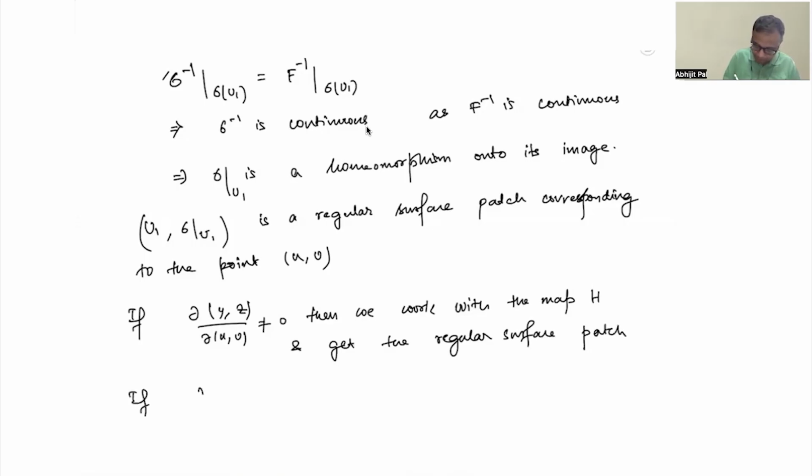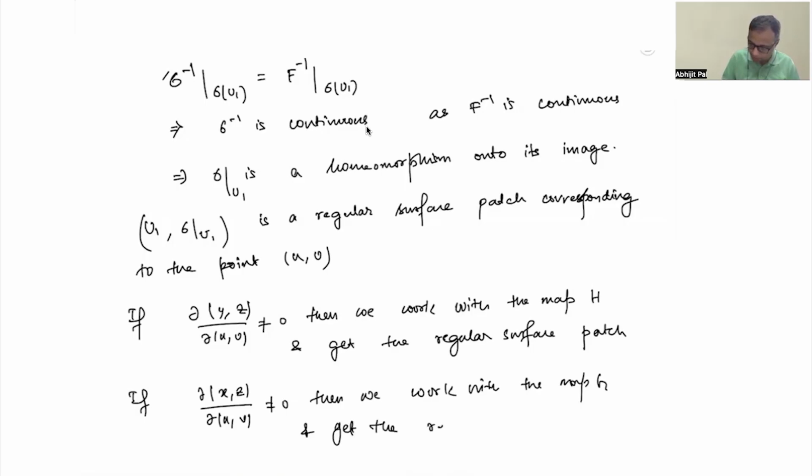And if del xz del ub is not equal to 0, then we work with the map capital G and get the regular surface patch. Therefore what we have shown is that this S is a regular surface.